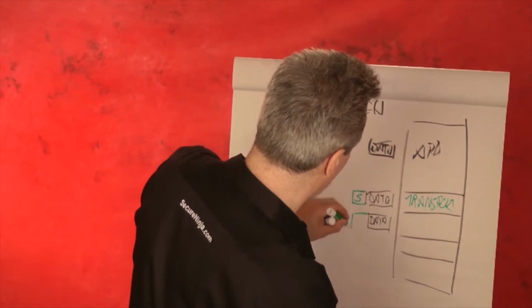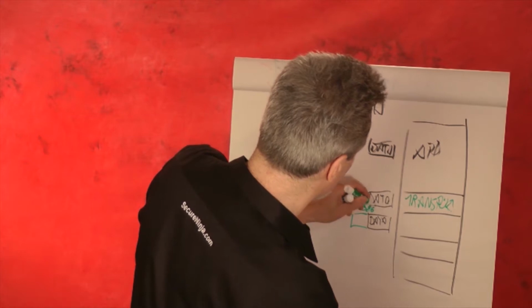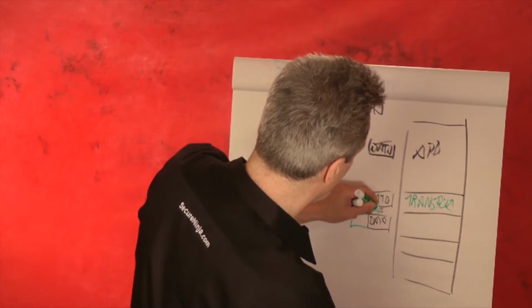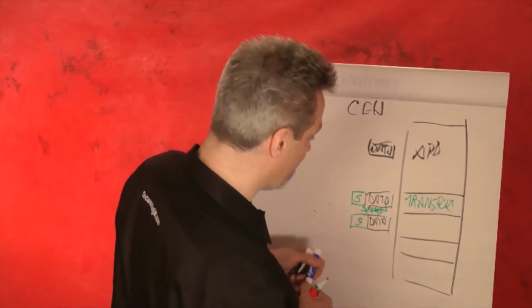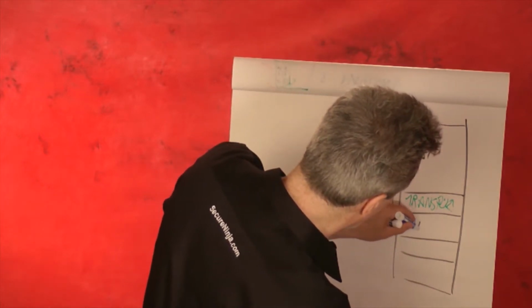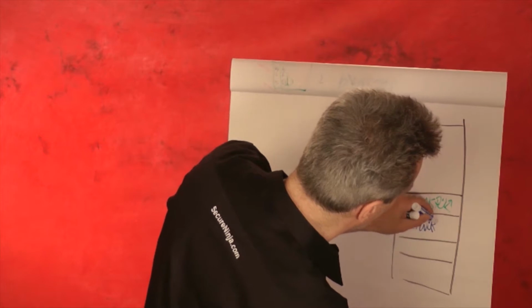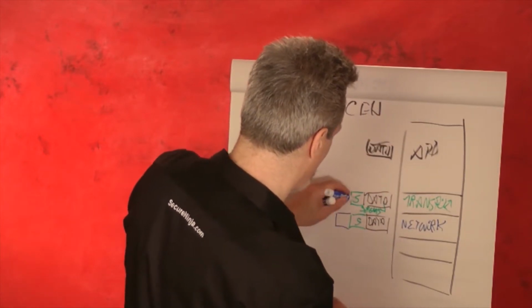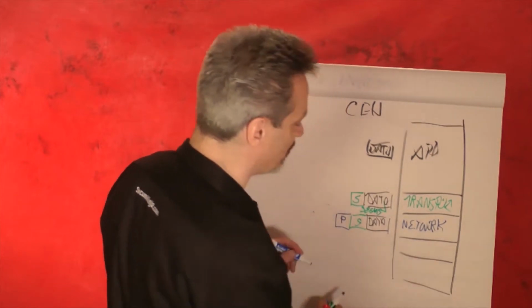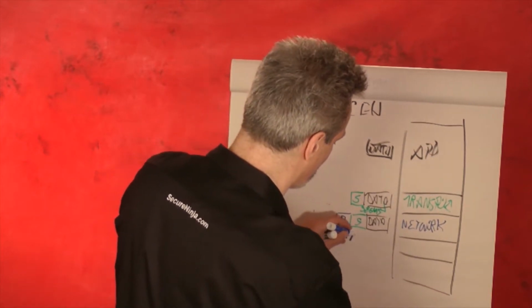And we call that a segment header. Again, that could be TCP or UDP. And the packet header added at the network layer to identify the source and destination machines. So what application, what IP address does this go to, and that's at the packet.